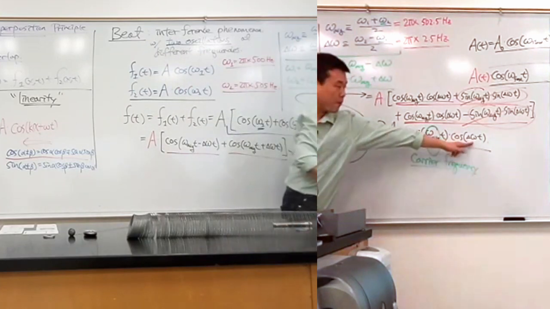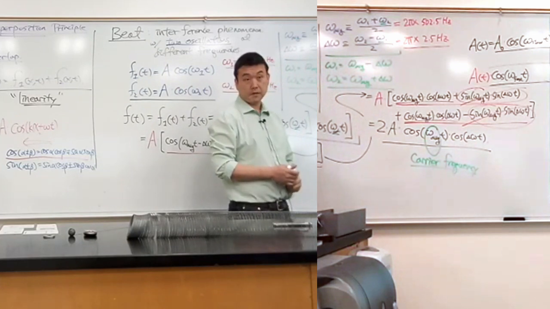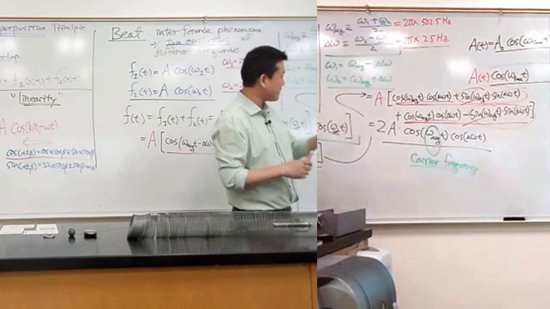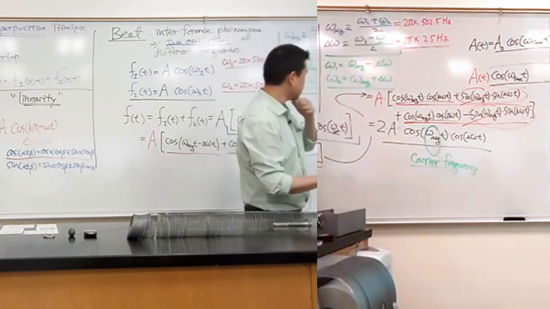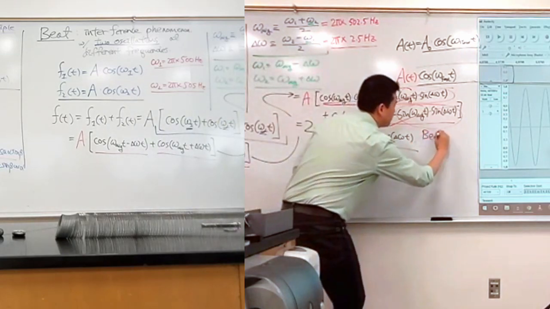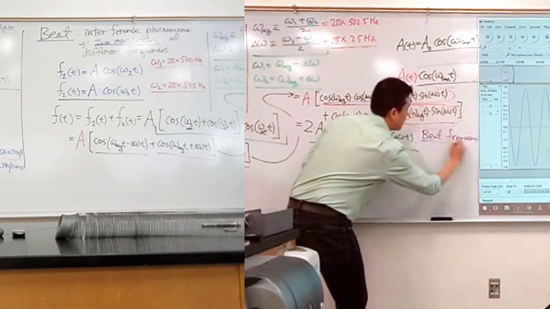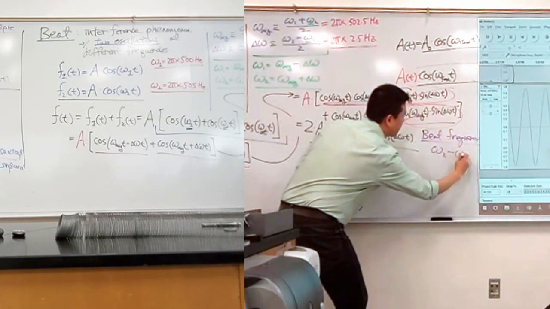And this delta omega is related to what we call bit frequency. So delta omega is not the bit frequency itself, so I should write down the bit frequency somewhere. So bit frequency is defined as omega 2 minus omega 1.